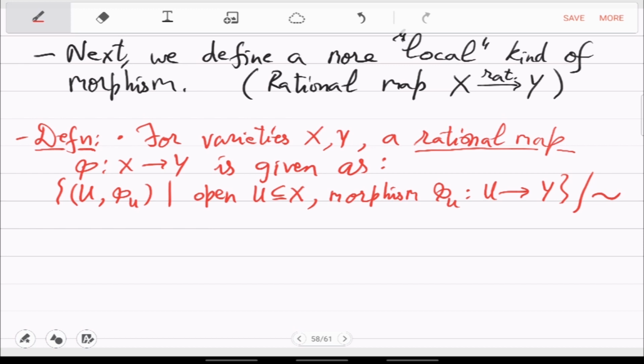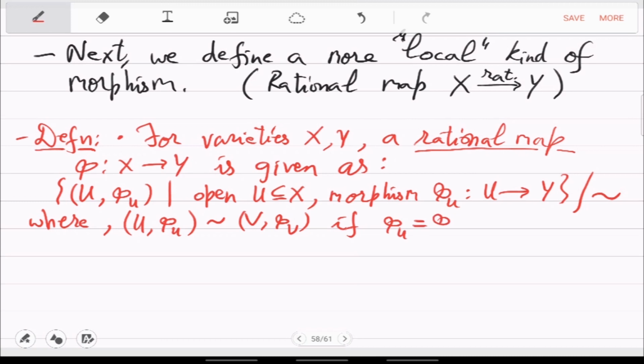Okay, so if in a small enough open set you have equal morphisms, then you call these pairs equal in the set. Something that we have been doing with rational functions all the time. So U, phi U is considered equal to, or related formally to, V, phi V if phi U is equal to phi V on the intersection, which is again an open set of X. This is happening in X.